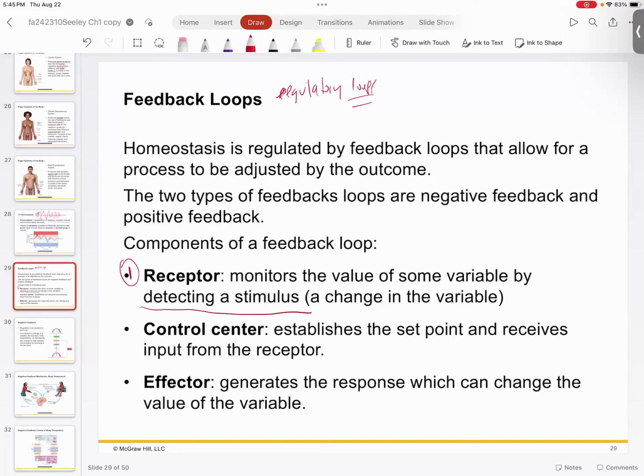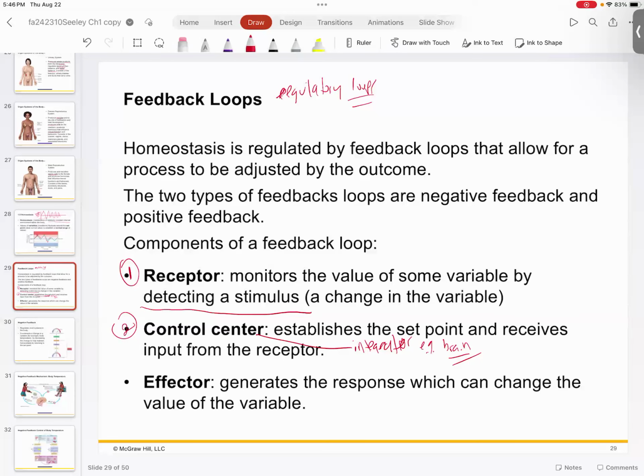Once you have those, you have to send that sensory information, the intelligence, if you will, to a control center or an integrator. I like to think of it as an interpreter or an integrator. In this case, the integrator is our brain. So all of the sensory information from your hand that this is hot is sent through your nervous system up to your brain, your control center.